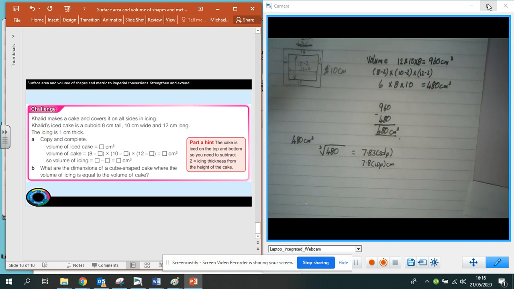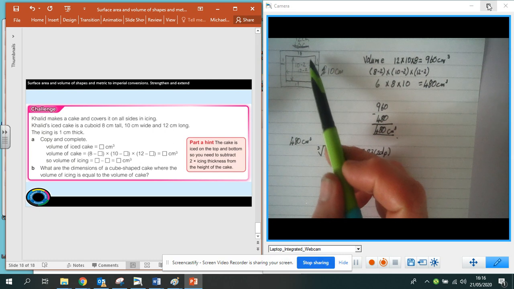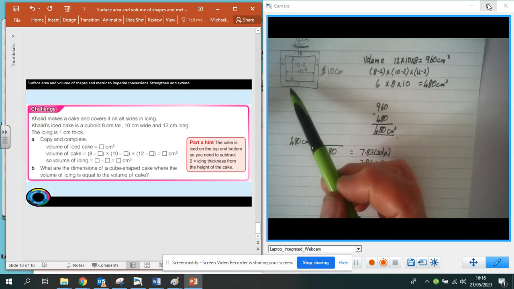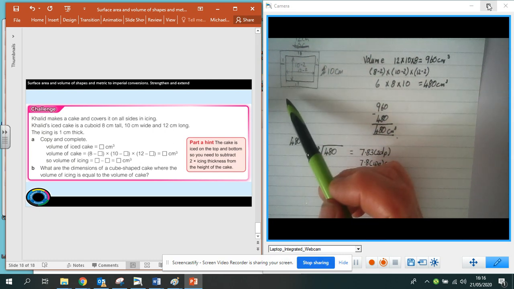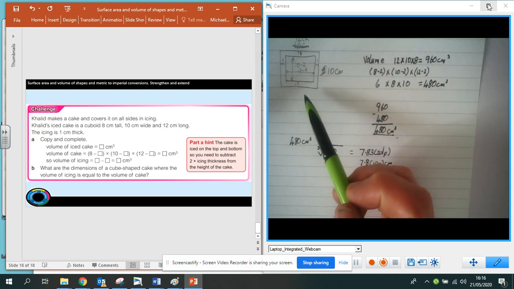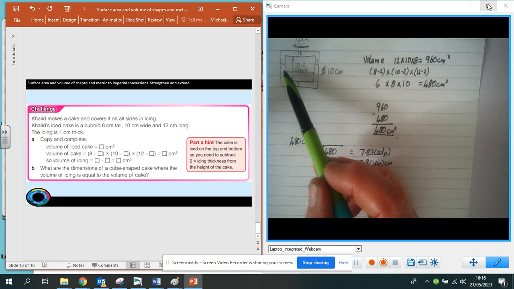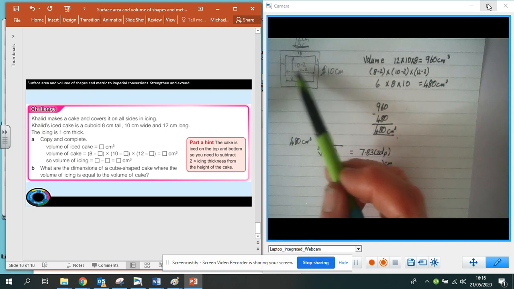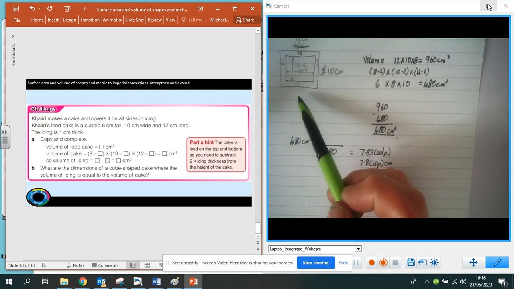So, I've got a bit of a framework on this question, but I'm still going to explain my way through it because it is a little bit tricky to get going. So, you've got a cake and you've got the outside dimensions of it, which are 12, 10, and 8. There's icing 1 centimeter thick on all the sides.